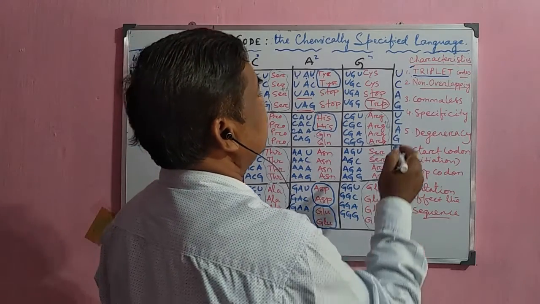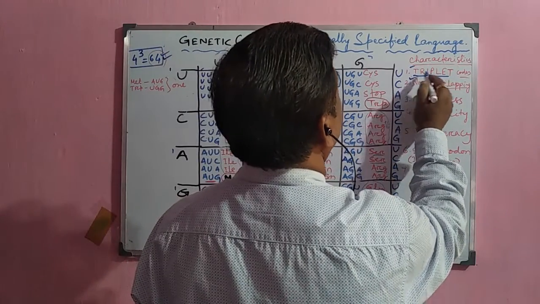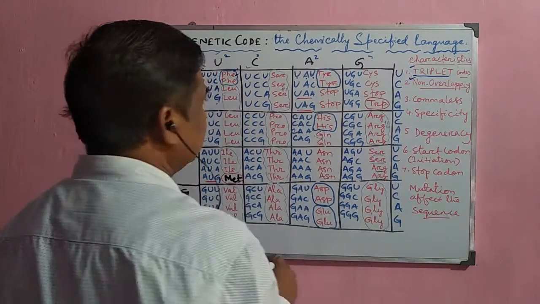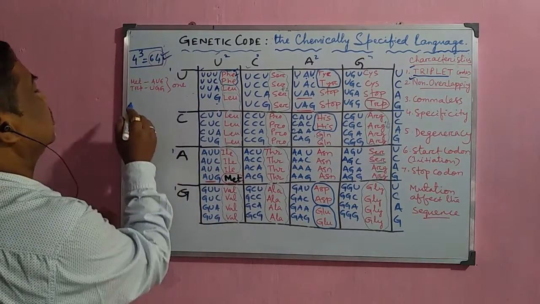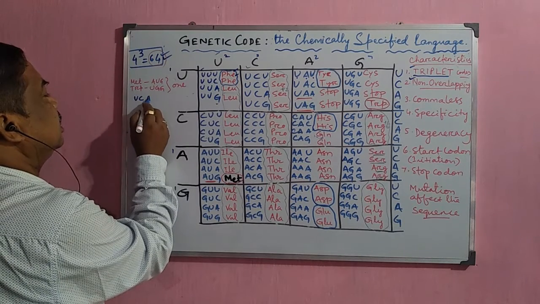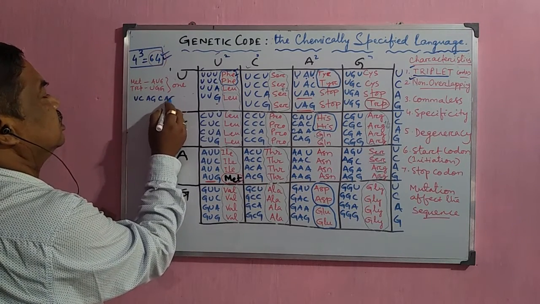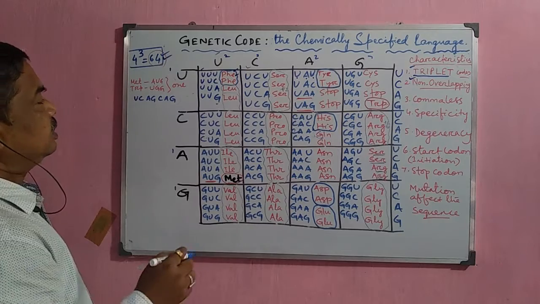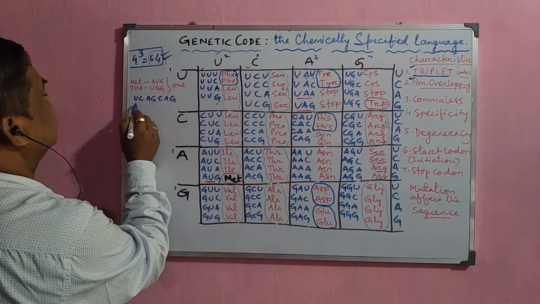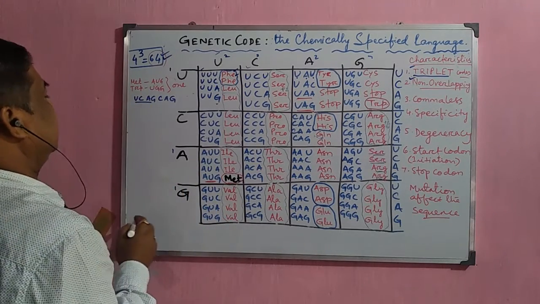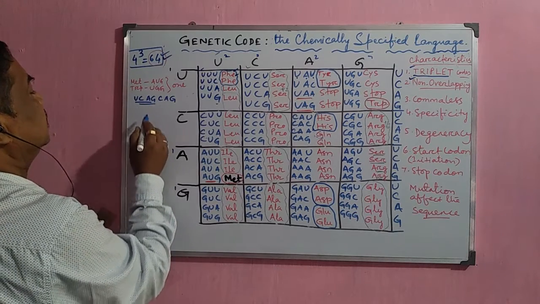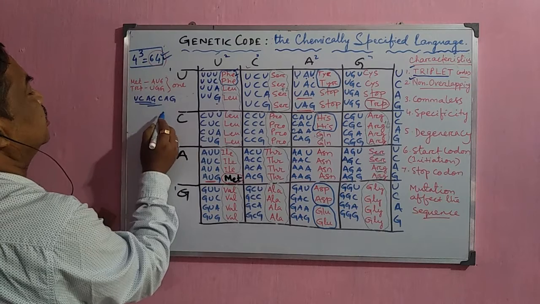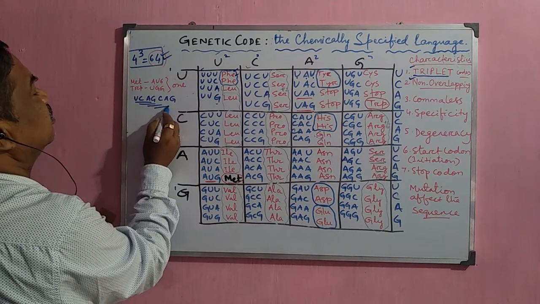Now, these triplet codes are non-overlapping in nature. Then what do we mean by overlapping, and what do we mean by non-overlapping? Suppose U, C, A, G, C, A, G, like this. If it were overlapped, then this is the first three, then the next one is the second, with this type of overlapping, and this type of overlapping.